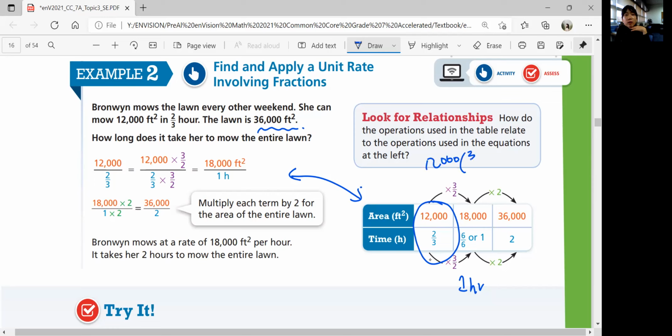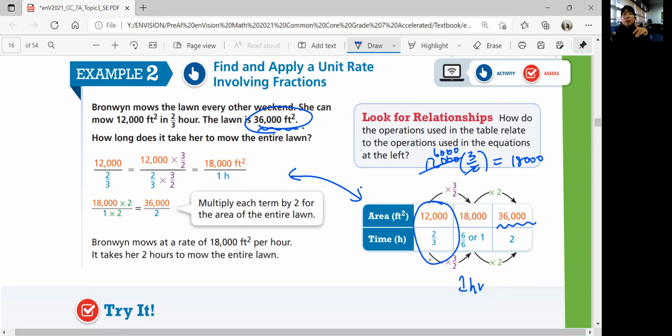12,000 times 3/2. You divide 12,000 by 2 and you get 6,000. Multiply by 3, you get 18,000, right? So then you have 18,000 feet square per hour. That's your unit rate. And if you times that by 2, you get 36,000 feet square, and that's what you need. That's your target area. And that gives you 1 hour times 2, which is 2 hours.